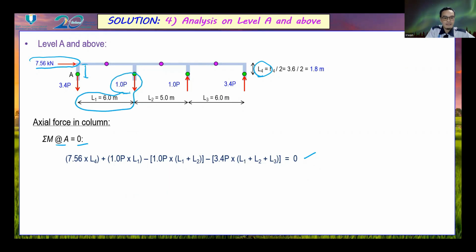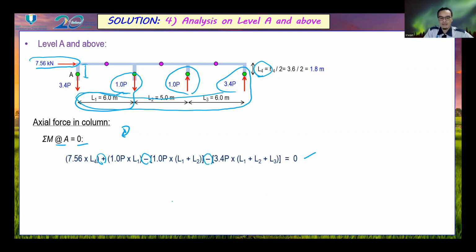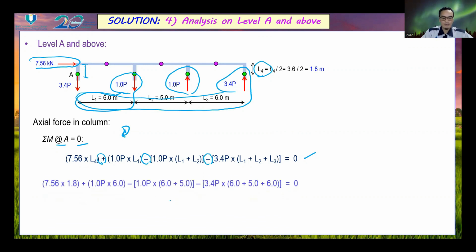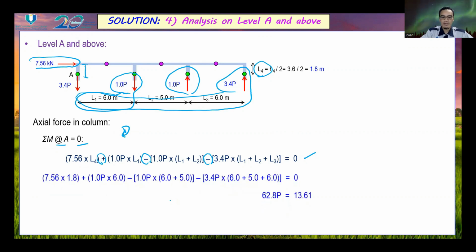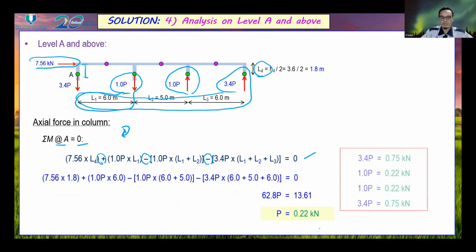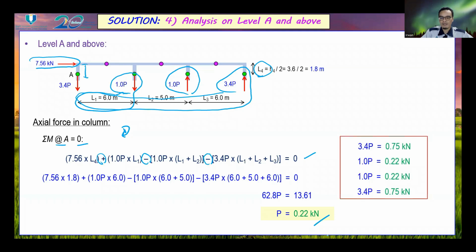This action will create positive moment because this is clockwise, and this one is counterclockwise, and this distance is also counterclockwise, and we sign as negative. So we settle this equation. The value of P should be around 0.22 kilonewton.